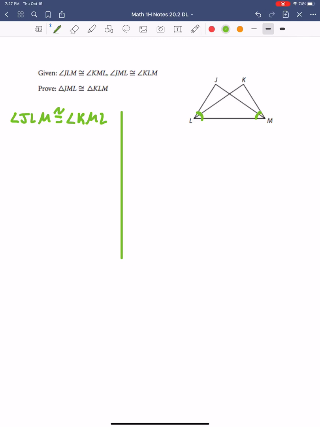And then it tells me that angle JML, I'm looking at the given information here, is congruent to angle KLM. Okay, so this is going to get a little tricky. So that's this little angle here is congruent to KLM. That's going to be that angle there.